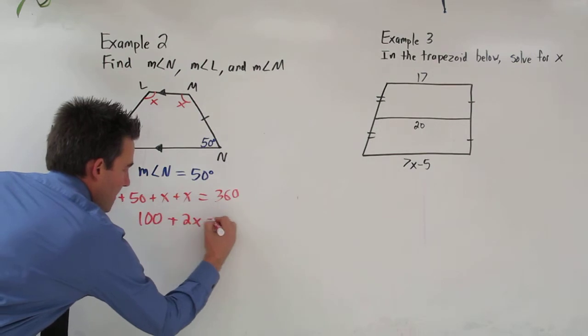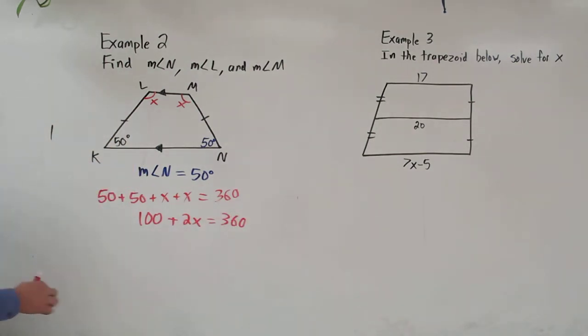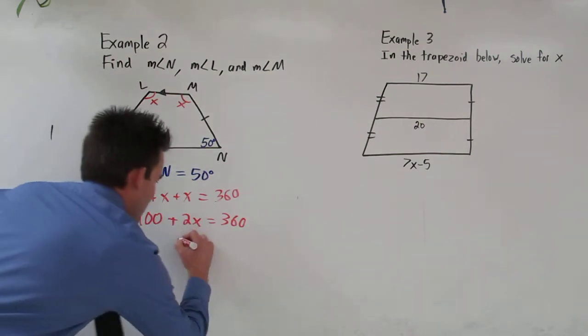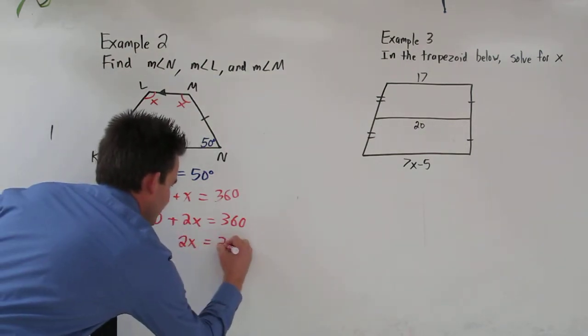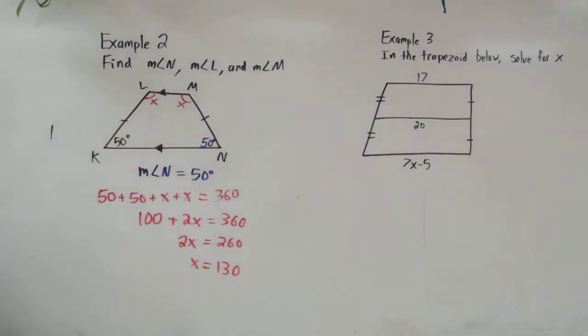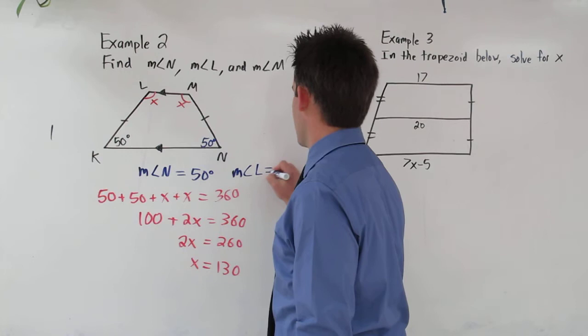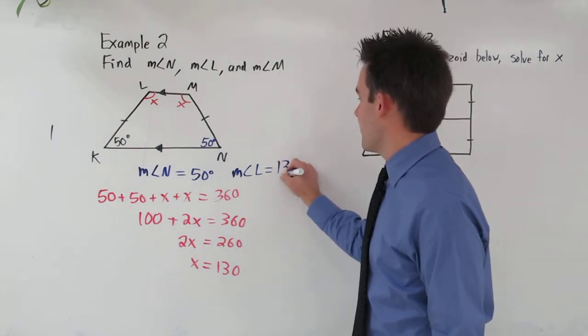Just combining like terms there. Now we'll move the 100 to this side and divide everything by 2. So we just found x is 130 degrees. That means angle N is 50 degrees, and the other two angles we didn't know are both 130 degrees.